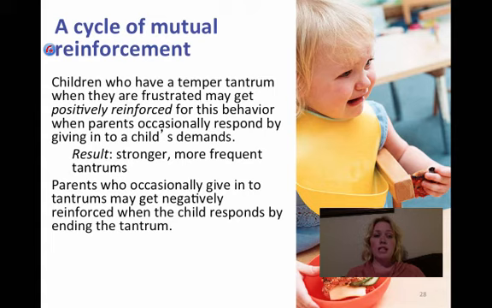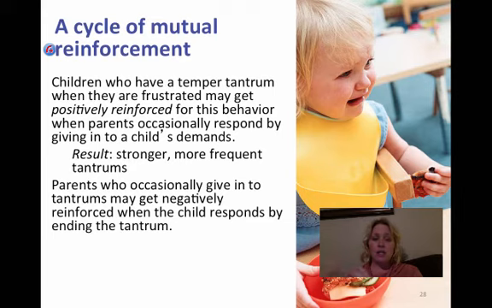Parents who occasionally give in to tantrums may get negatively reinforced when the child responds by ending the tantrum. So see, now here both parties are being conditioned. The child has a tantrum, gets what he wants. So what does that do? Well, that's a positive reinforcer so the child continues to have tantrums because it gets what it wants.